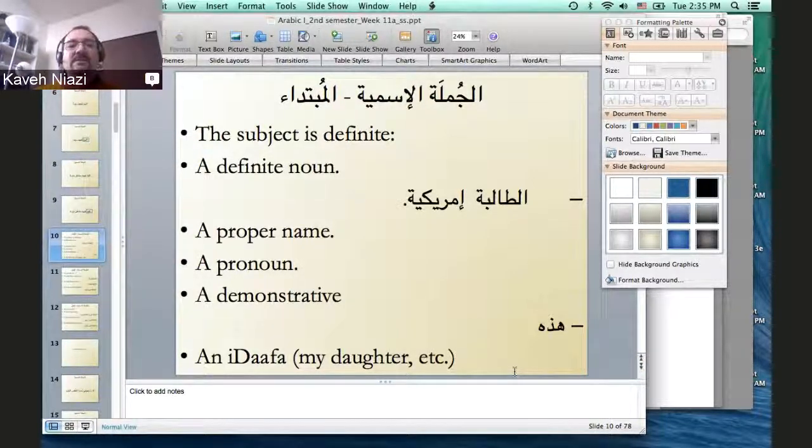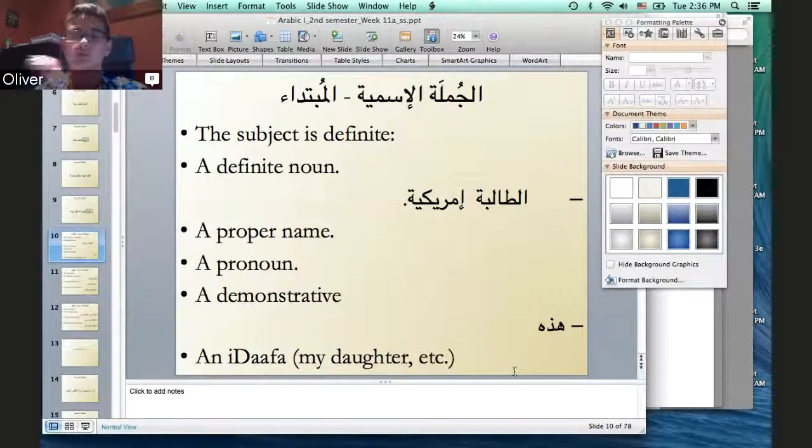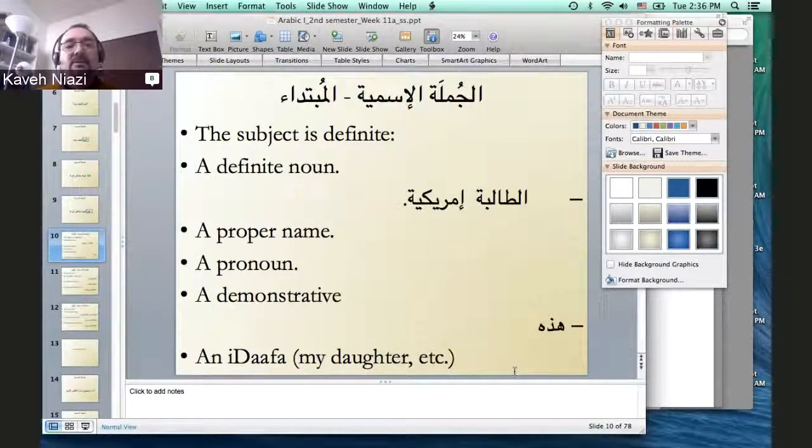How would I change this sentence to make the mubtada, the noun, a proper name? It could very easily be Darden أمريكية, or Jane أمريكية, or Elizabeth أمريكية, or Maya أمريكية, right? So that's also a very common form of a nominal sentence.